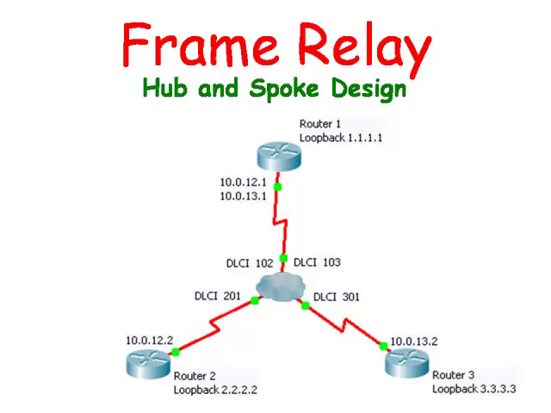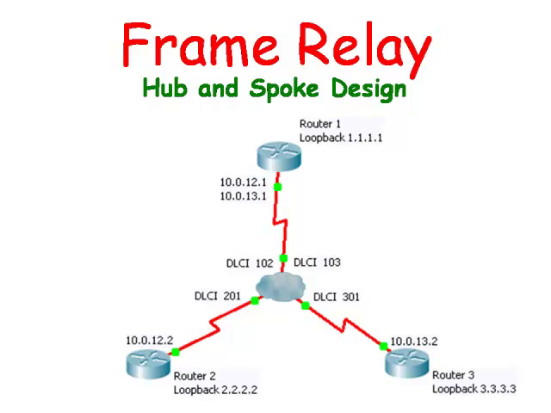Similarly, when router 1 wants to send router 3 a packet, it sends it with a DLCI of 103, and when router 3 sends a packet, it sends it with a DLCI of 301.